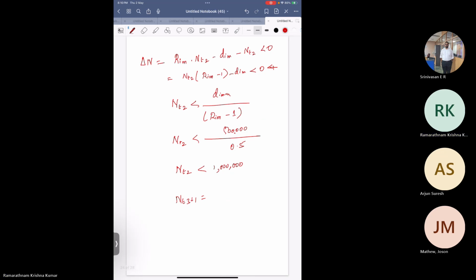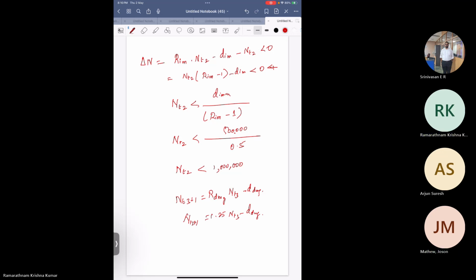How will you write this? R drug times N(T3) minus D drug, right? What is R drug? 1.25. Is that clear?